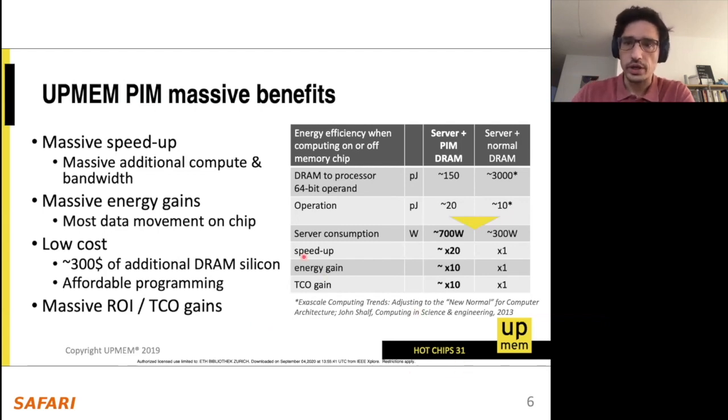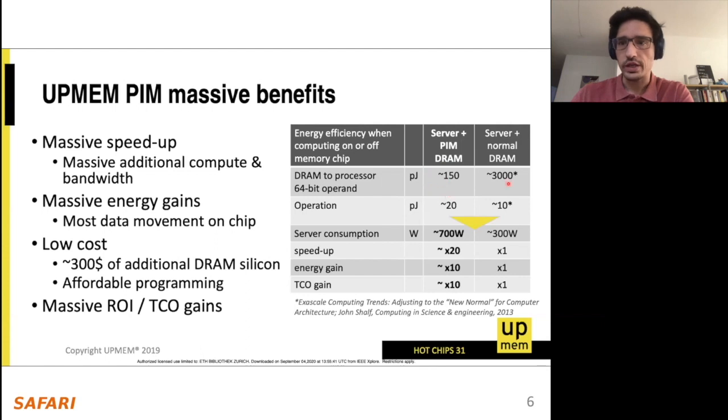There are some interesting numbers in the table, but I would like to comment on these two, which represent a comparison in terms of energy consumption for accessing data in a server with conventional DRAM or in a server with PIM DRAM, with UPMEM DRAM: the cost of moving a 64-bit operand from the memory to the DPU, to the DRAM core.